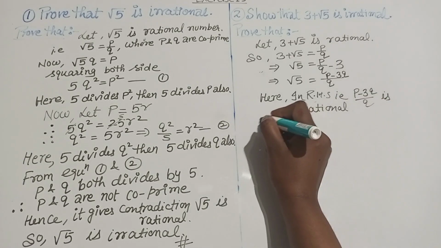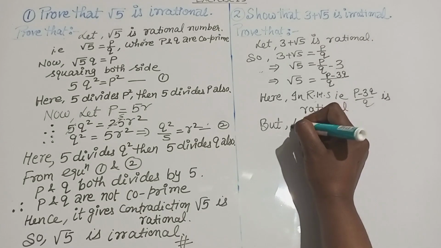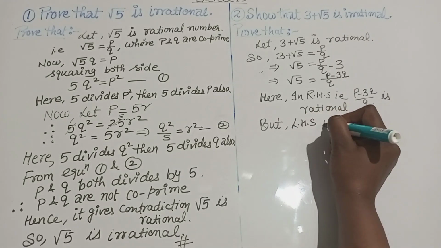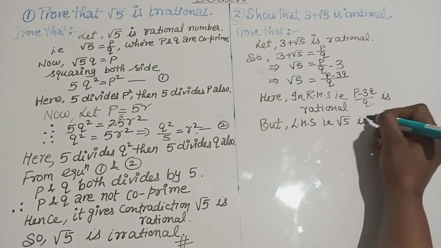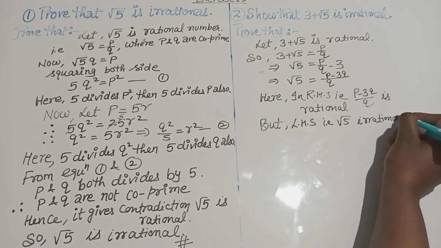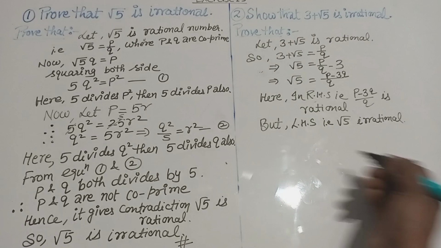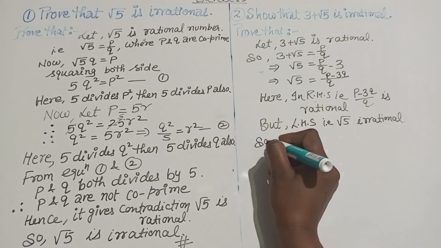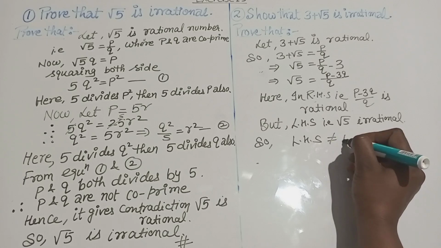but the LHS, that is root 5, is irrational. In question number 1 we have proved that root 5 is irrational. So LHS is not equal to RHS.